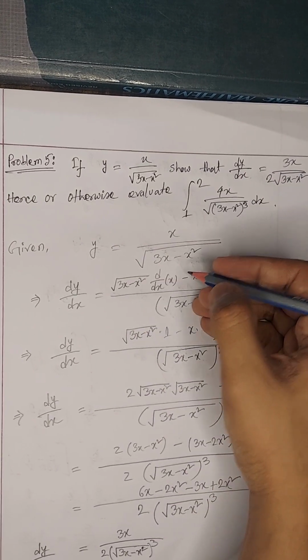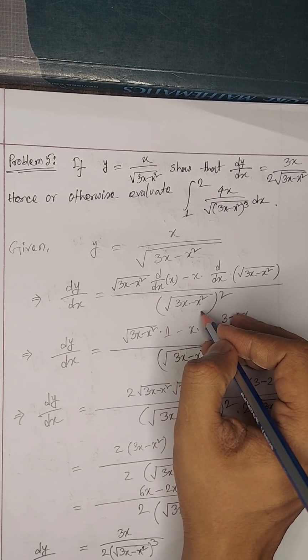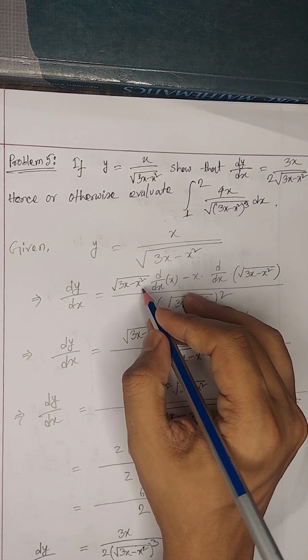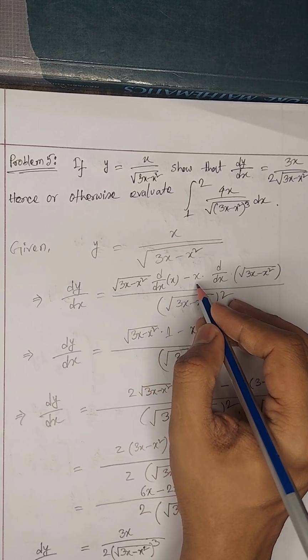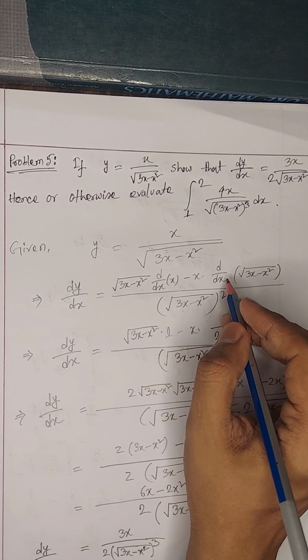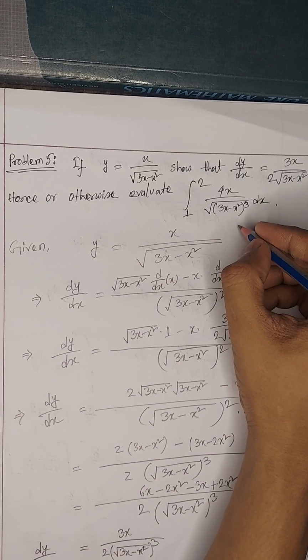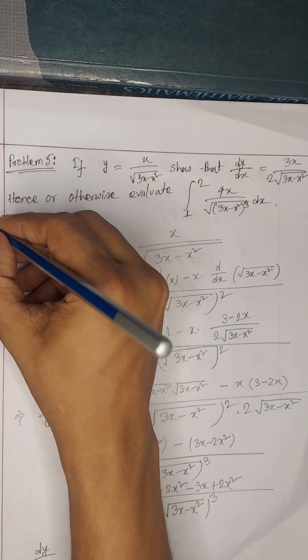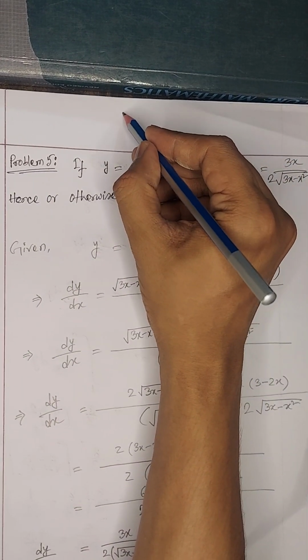So when we differentiate this, we get v square in the denominator.